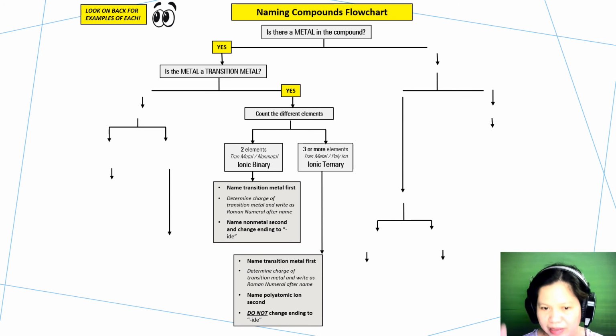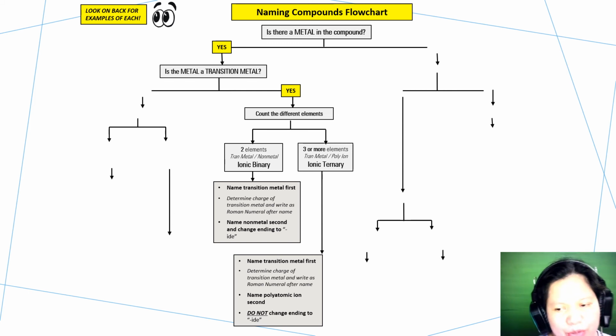Okay, determine again the charge. And then write it in Roman numeral inside the parenthesis. Then, copy the name of the polyatomic ion. Remember, never change or do not change the name of the polyatomic ion. So, as is na yon.